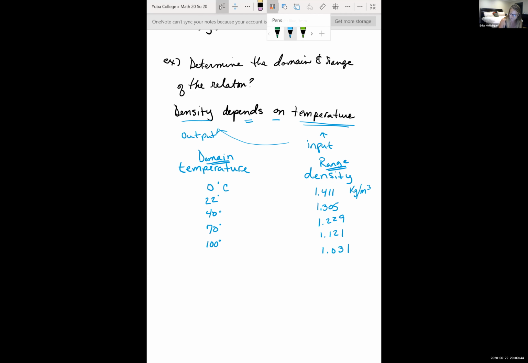So our domain in this case, we have 0 degrees, 22 degrees, 40 degrees, 70 degrees, and 100 degrees.